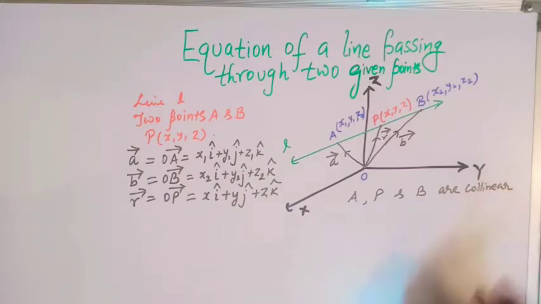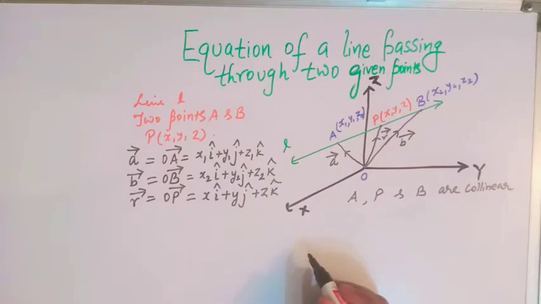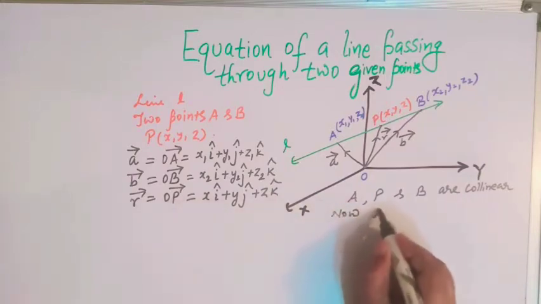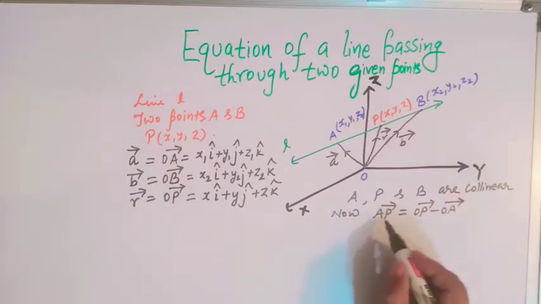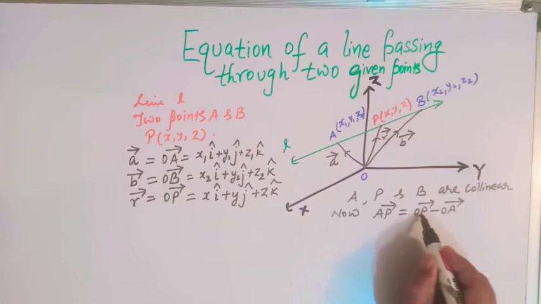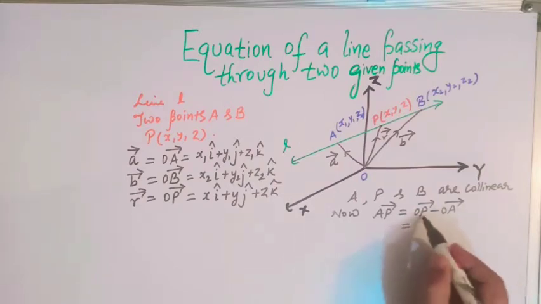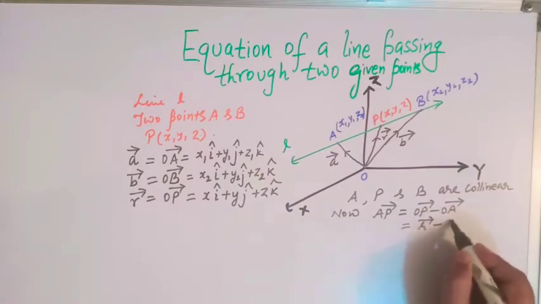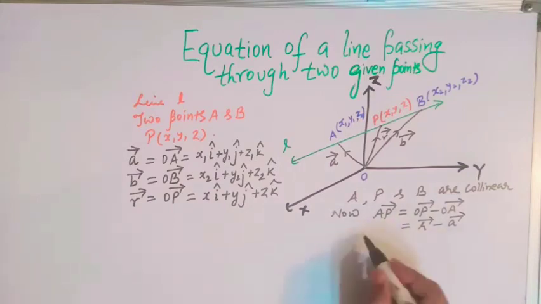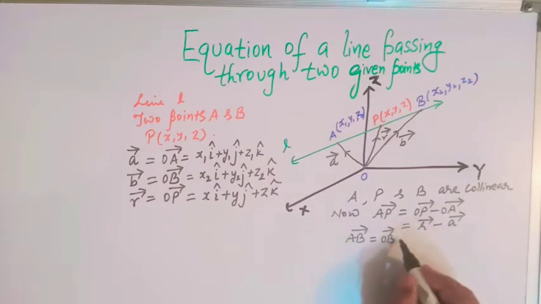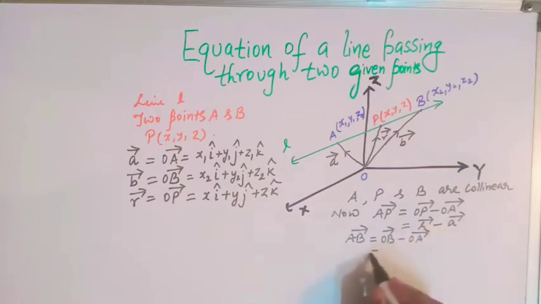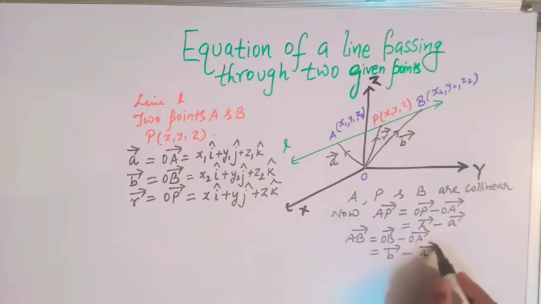It means these 3 points lie on the same line L. Now the vector AP can be written as OP minus OA, that is, position vector of P minus position vector of A. So OP is vector R, and OA is vector A. Now we can find AB, and by the definition of position vector, AB can be written as OB minus OA, where OB is vector B and OA is vector A, right?